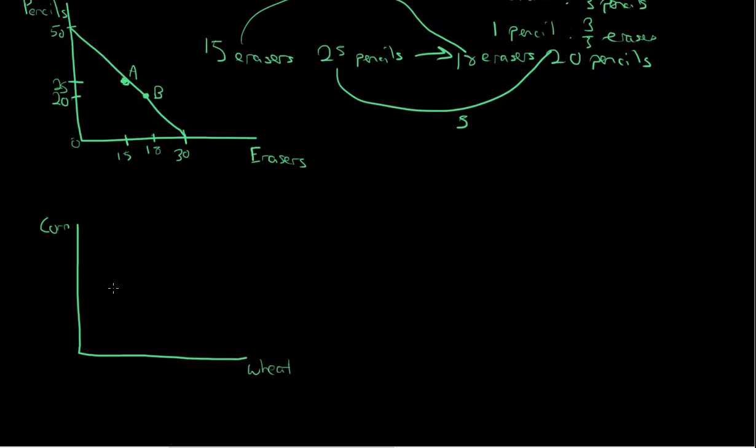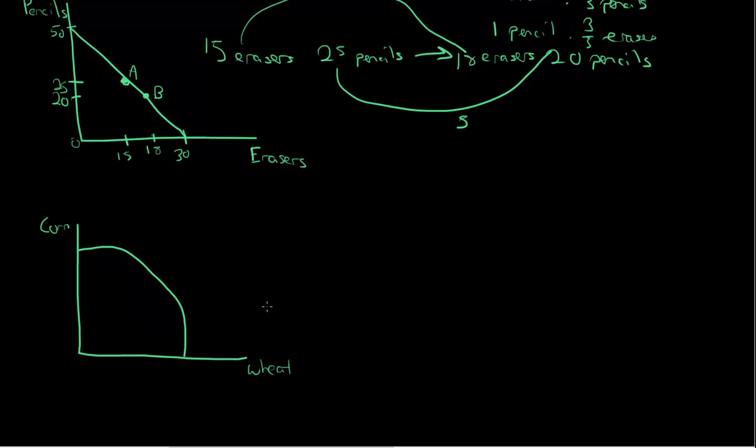However, as we try to produce more corn, you're going to have to go into land that perhaps is ideal for producing wheat and not corn. So the opportunity costs will get higher because you're giving up more and more wheat, as this land is better for wheat and perhaps it's not producing as much corn. So this production possibilities curve would be curved and it would look something like this.